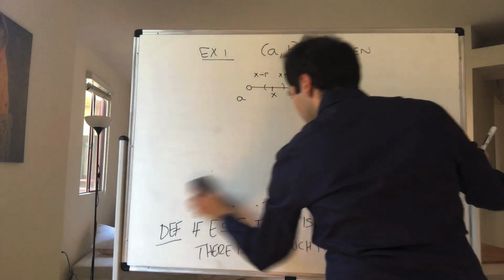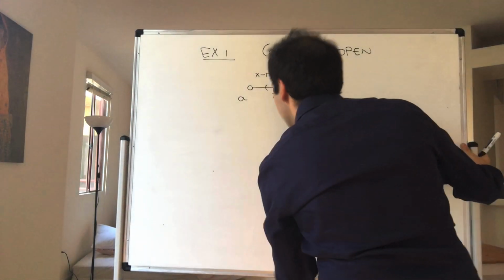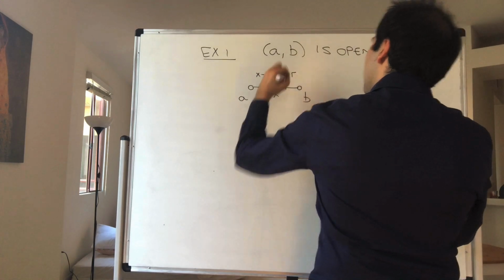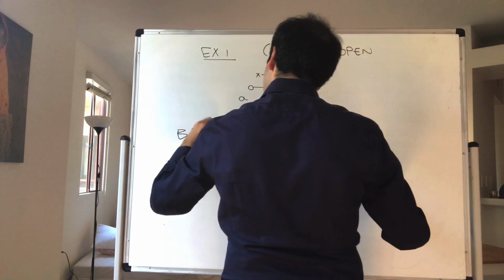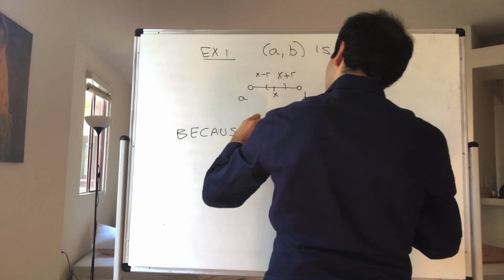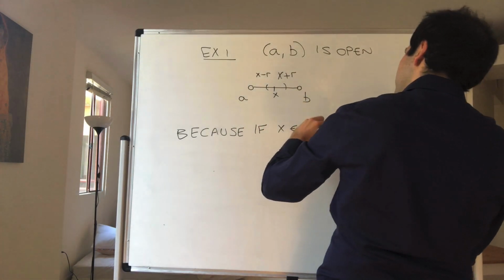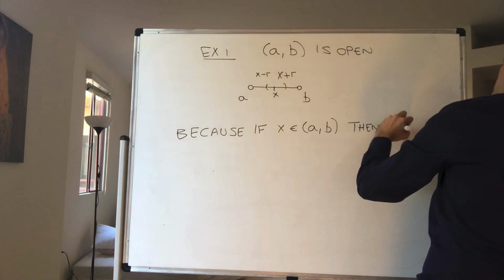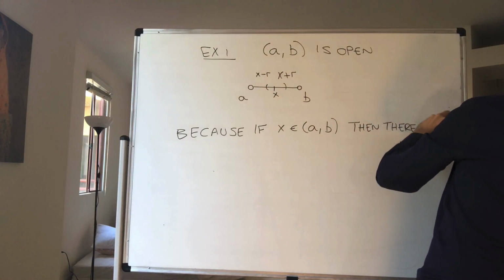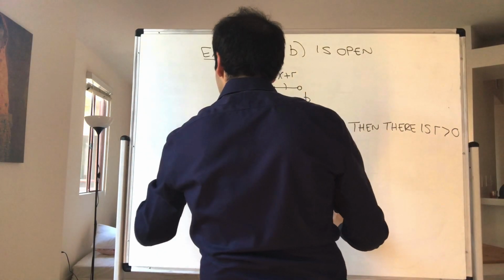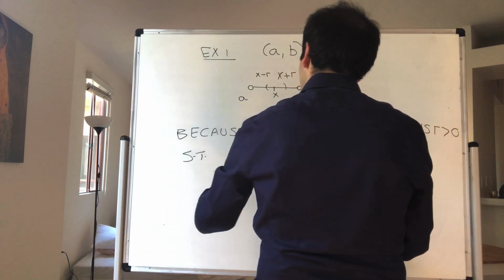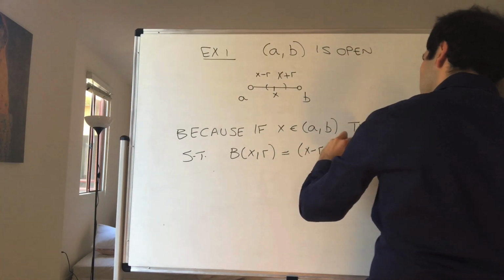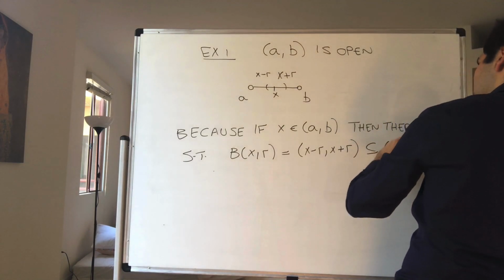Because if x is in (a, b), then there is r positive such that B(x, r), which remember is just the interval (x - r, x + r), is actually included in (a, b).